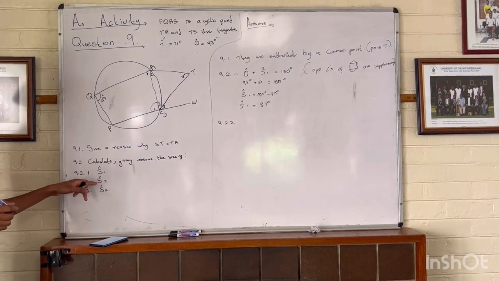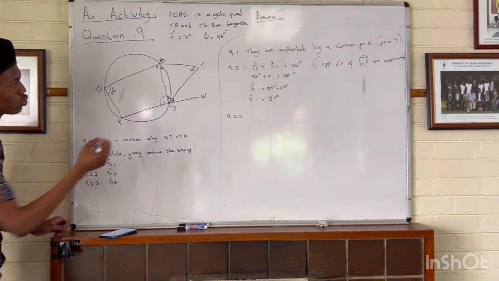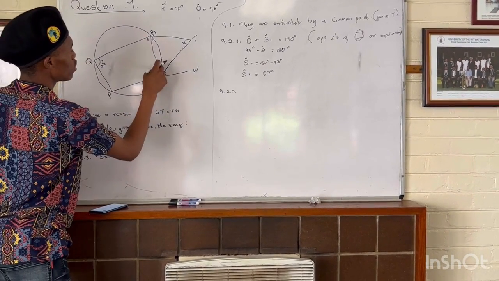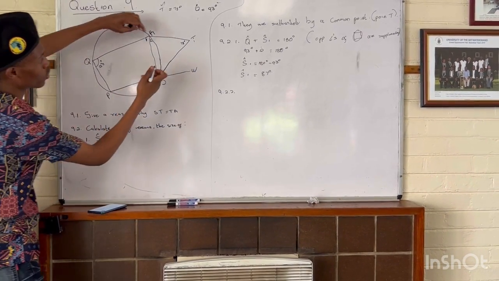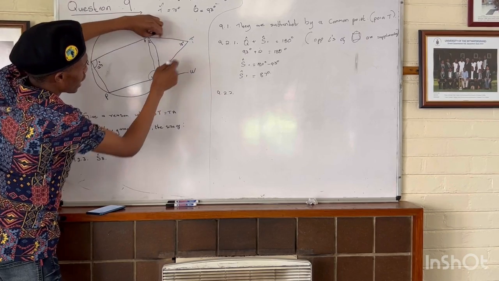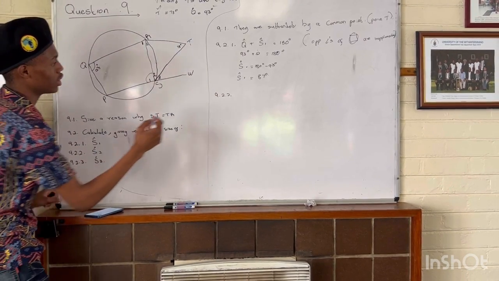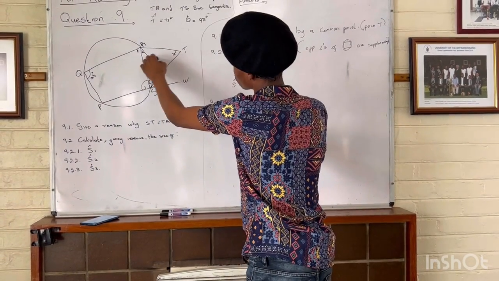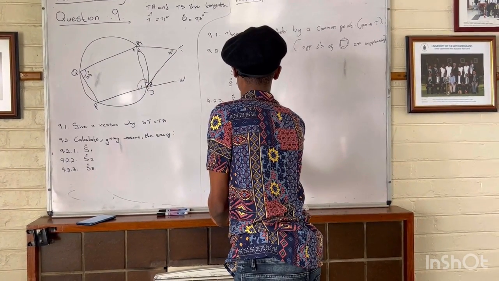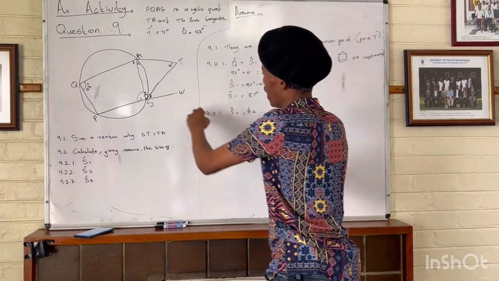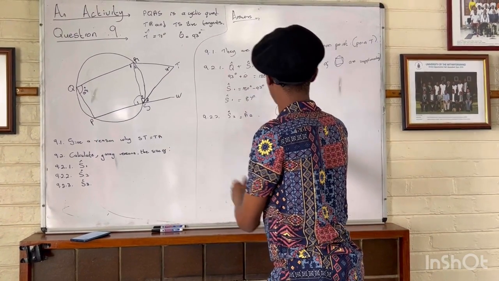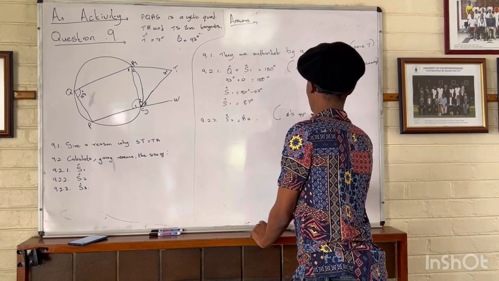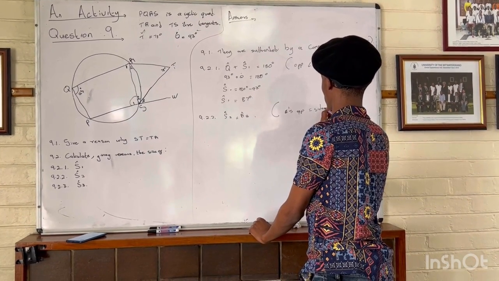Then let's go to the second one, 9.2. We have to find the size of angle S2. Here is our S2. Then S2 and R2 are equal because we've been told that these two lines are equal. Then we can say that angle S2 is equal to angle R2. Our reason will be angles opposite equal sides.